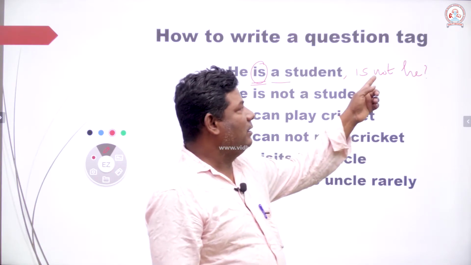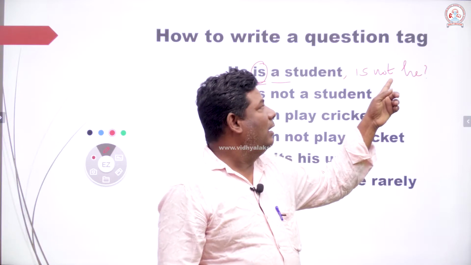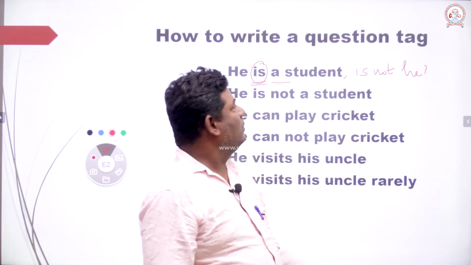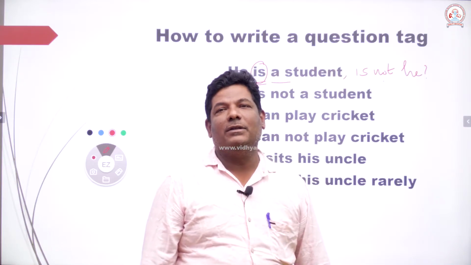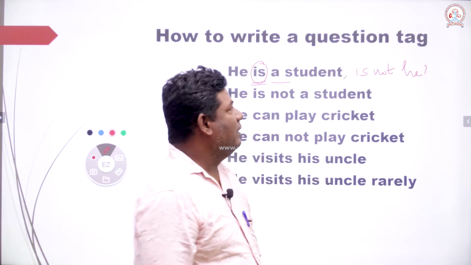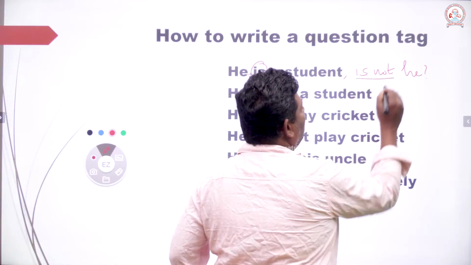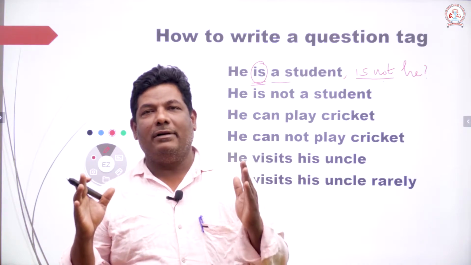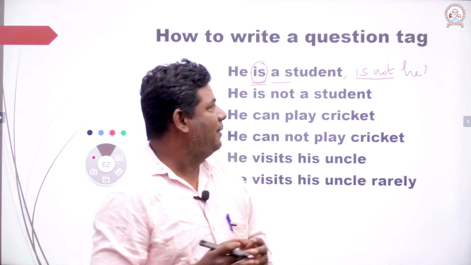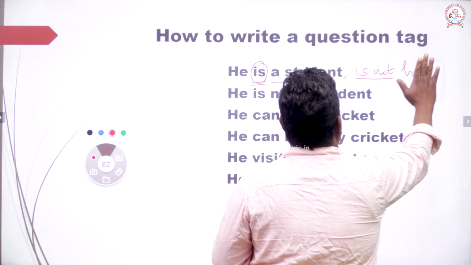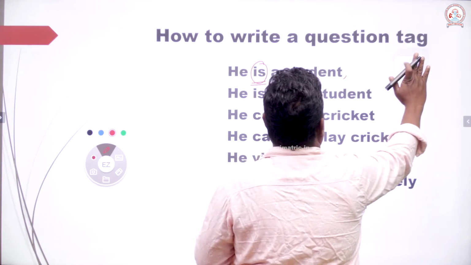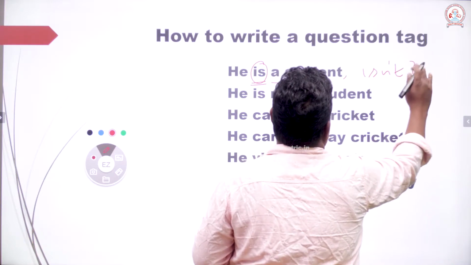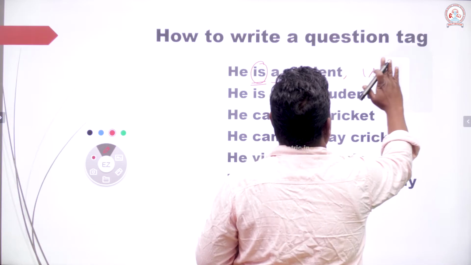Therefore, I am writing a negative question tag here. For writing negative, I am using not. The subject is always a pronoun, right? He. Then we have to write the contracted form. What is the contracted form of is not? Isn't. So, I must write isn't he?